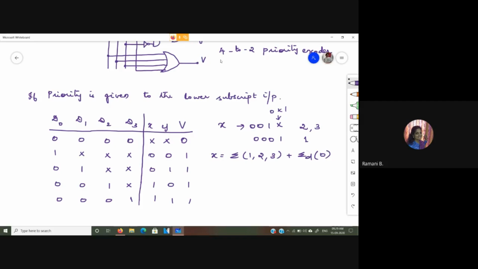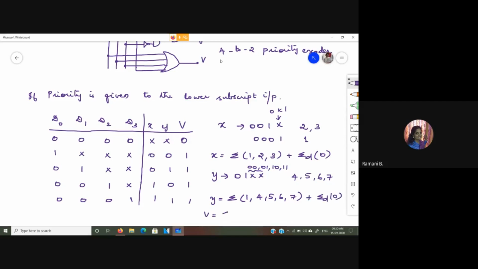And for Y, you have 0, 1, this don't care. So here this can take 0, 0, 0, 1, 1, 0 and 1, 1, which corresponds to 0, 1, 0, 0 is 4, 0, 1, 0, 1 is 5, 0, 1, 1, 0 is 6, 0, 1, 1, 1 is 7. And you also have this 0, 0, 0, 1. So Y is equal to summation 1, 4, 5, 6, 7 plus the don't care at 0.